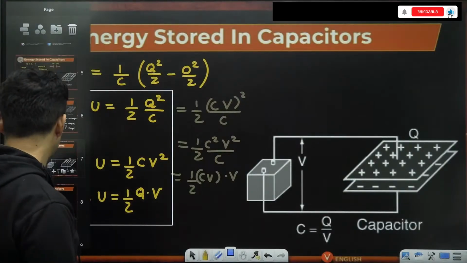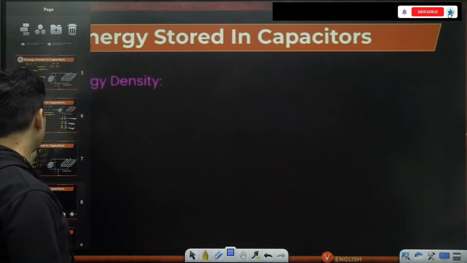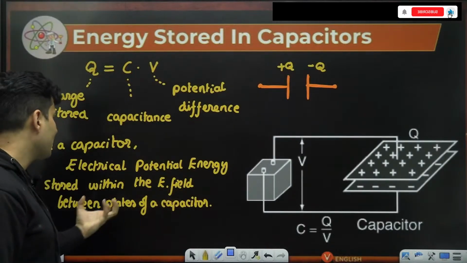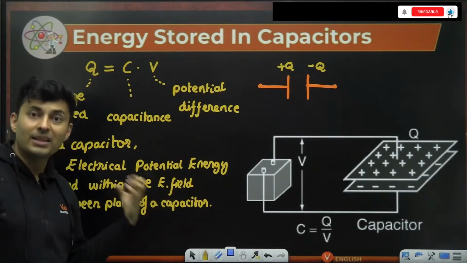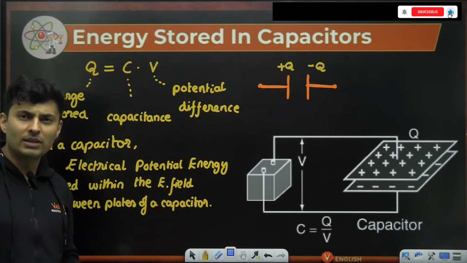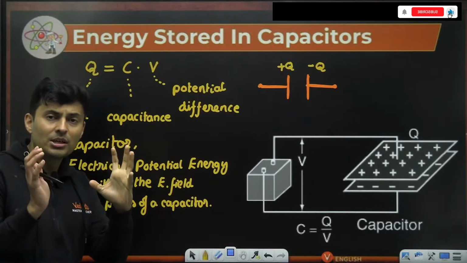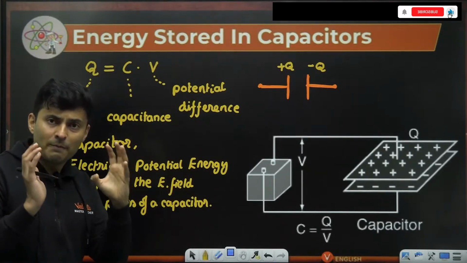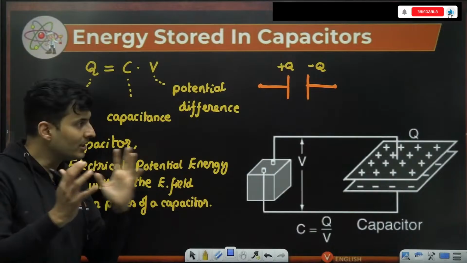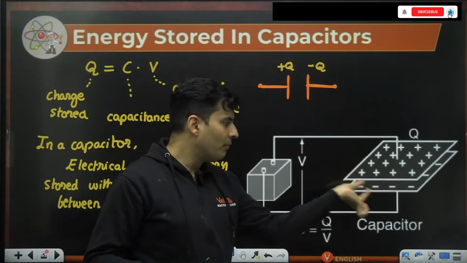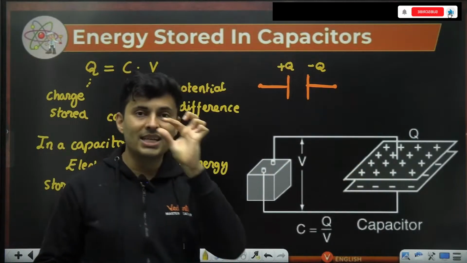Okay, fair enough. But like I said before, this energy is stored in the electrical form, in the electric field between the plates of the capacitor. So how much energy is stored per unit volume? In the space between that capacitor, per unit volume, how much energy is stored?